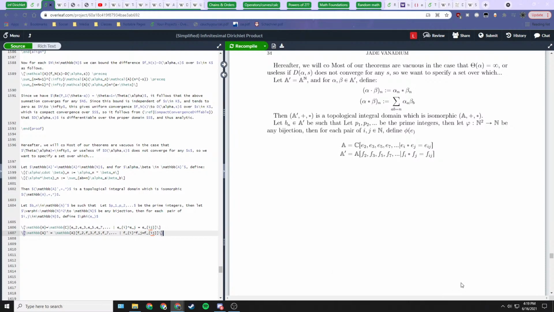And to define the bijection, you essentially define any bijection phi such that the set of F_p times E_q, where p and q are primes, goes bijectively to the set of E_p, such that p is a prime number.